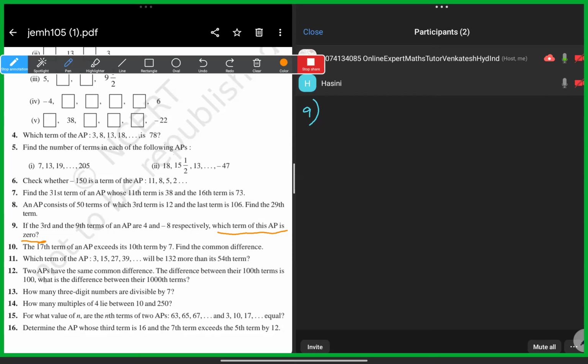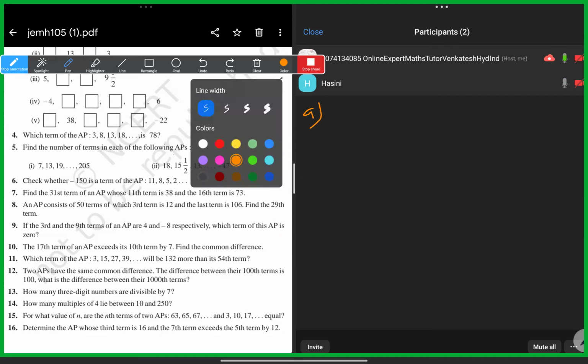So for that, with the starting statement, Hasni, using the third term and ninth term, we can find out A and D values. Third term and ninth term are 4 and minus 8 respectively.